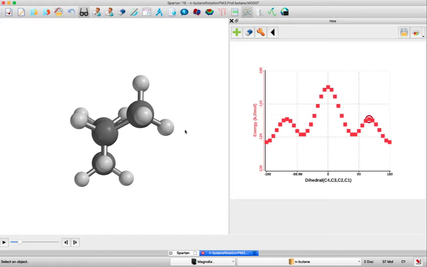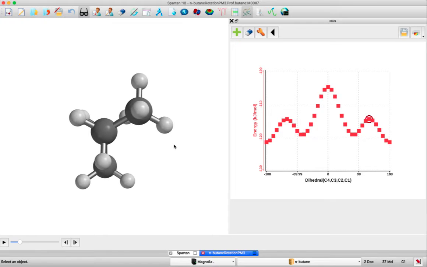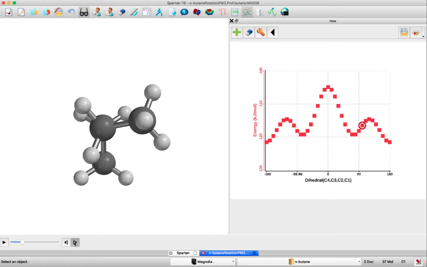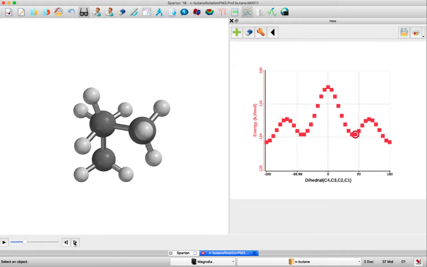We have 2 of those. So 6 plus 6 is 12, plus 4 is 16 kilojoules per mole of energy penalty when it's in the eclipsing conformation.